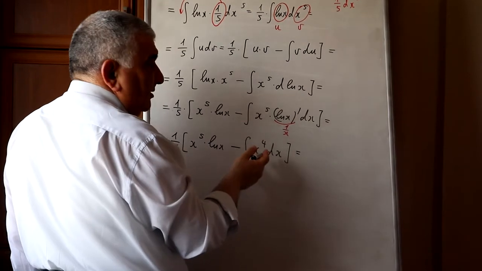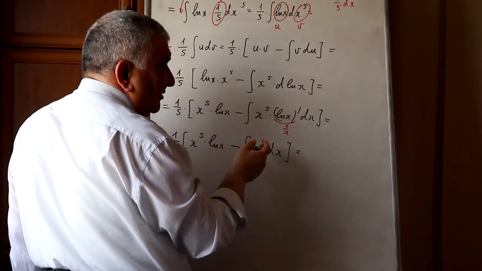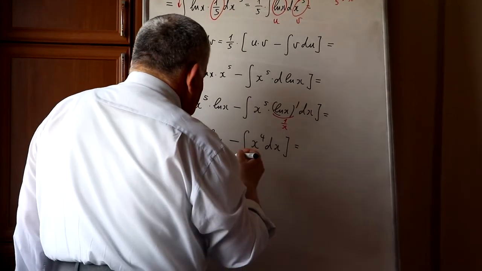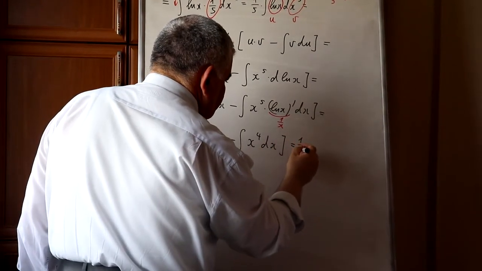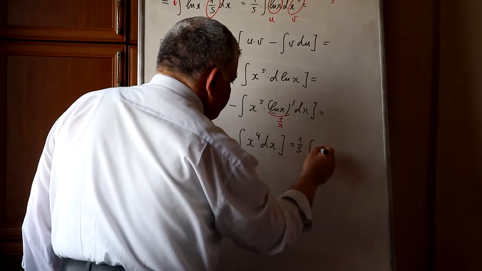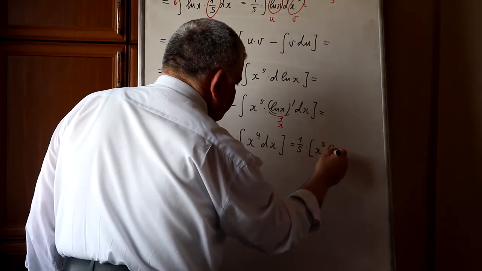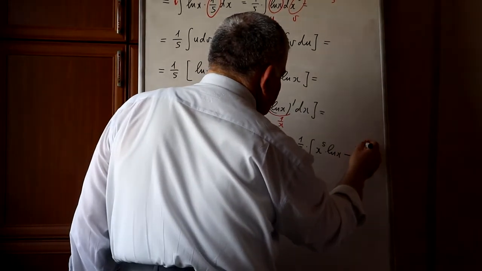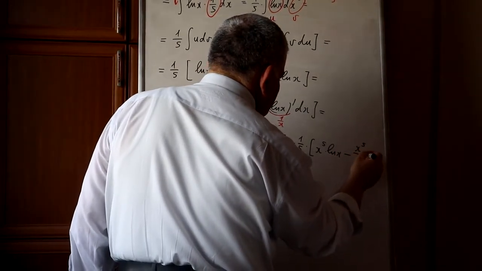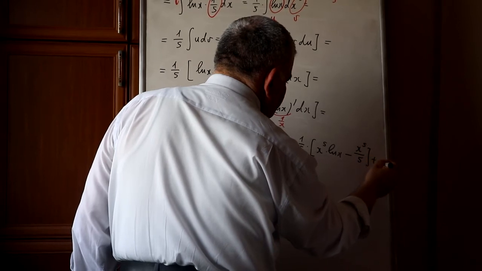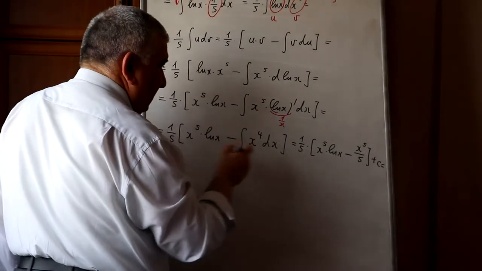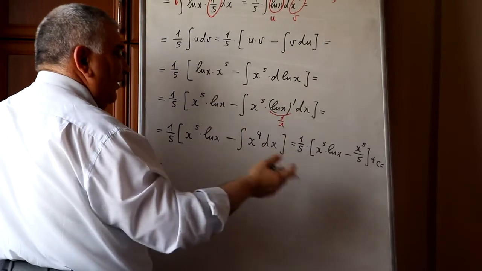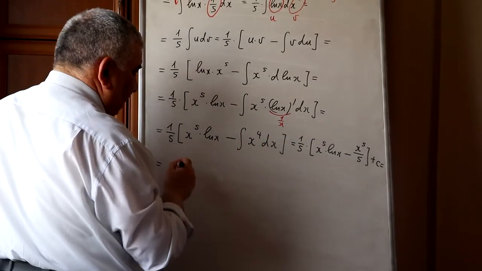And it is the table integral, it is equal to x to the 5 over 5, 1/5 multiplied by x to the 5 natural log of x, minus x to the 5 over 5, plus c. Then we can take x to the 5 over 5 out of the brackets.